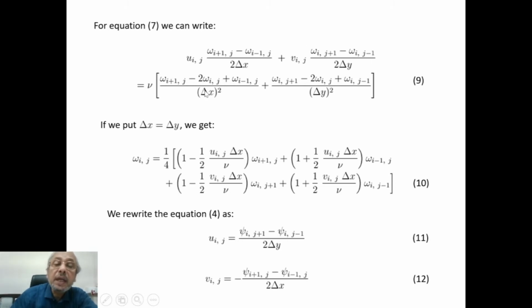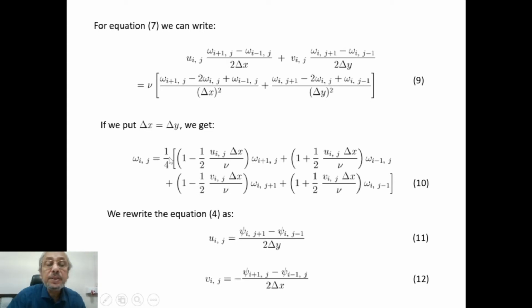And in equation 9, we can now substitute delta x equal to delta y. If we set delta x equal to delta y, from equation 9 we can easily find an expression for omega ij.